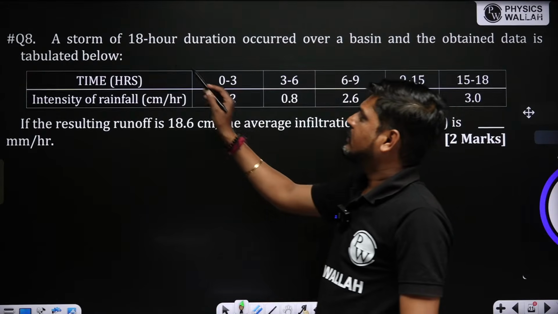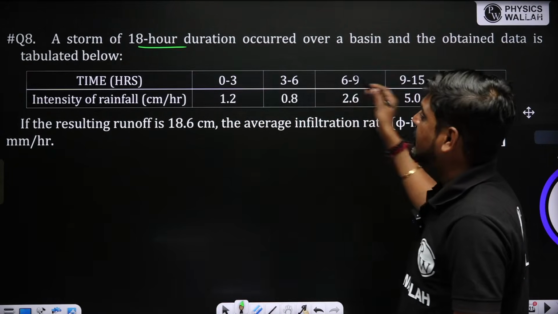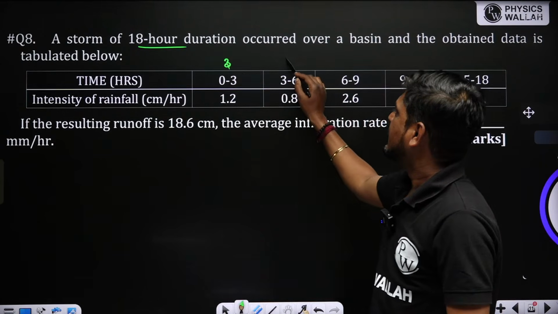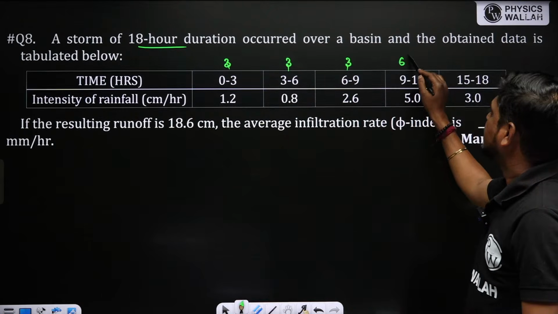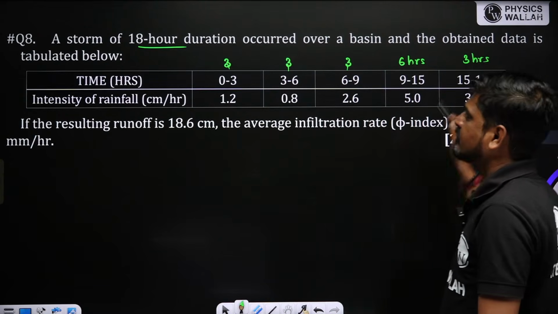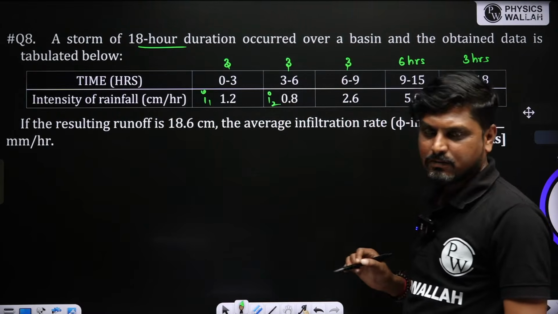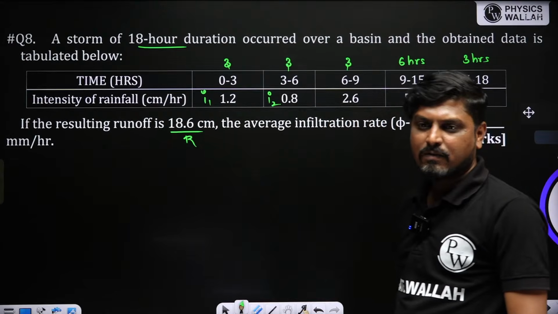Now, a storm of 18-hour duration occurred over the basin, and tabulation is given. 0 to 3, 3 hours, 3 to 6, 3 hours, 6 to 9, 3 hours, 9 to 15, 6 hours, 15 to 18, 3 hours. These are intensities I1, I2 and so on. Resulting runoff R value is given here. We have to find out phi index.